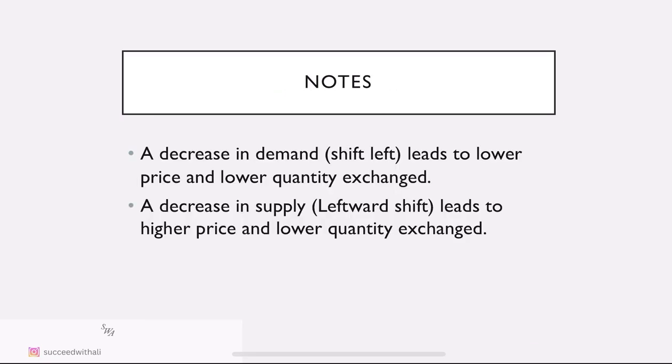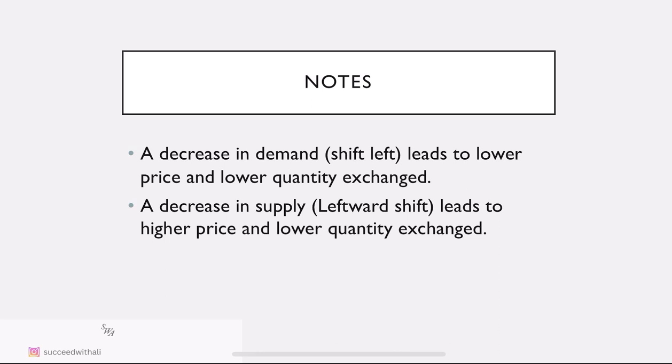Notes: a decrease in demand, thus a shift left, leads to lower price and lower quantity exchanged. A decrease in supply, a leftward shift, leads to higher price and lower quantity exchanged.